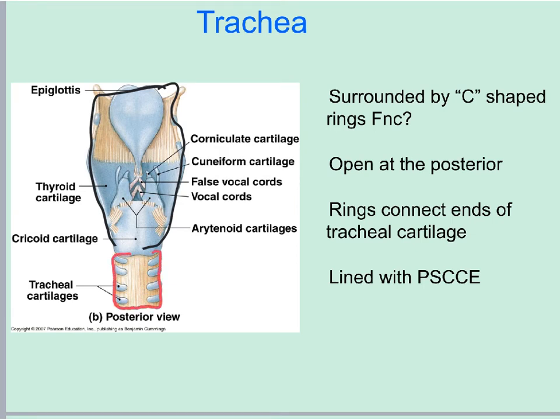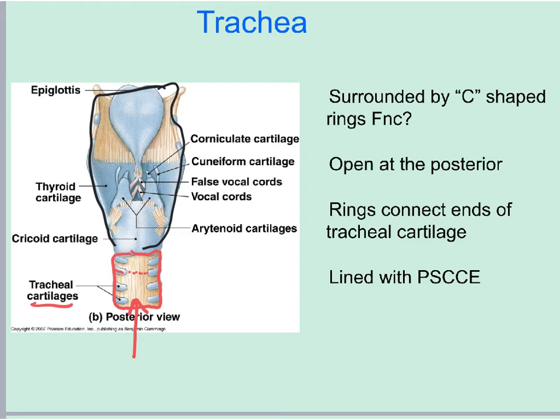So the previous slide we were looking at an anterior view, and from a posterior view you can still see those tracheal cartilages, but what I want you to recognize is that they don't go all the way around. They're not continuous, there's this open connective tissue portion of the trachea posteriorly. And there's a couple of reasons for that. First of all, the esophagus would be immediately behind or immediately posterior to the trachea.